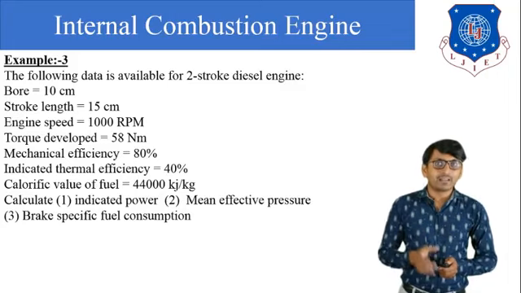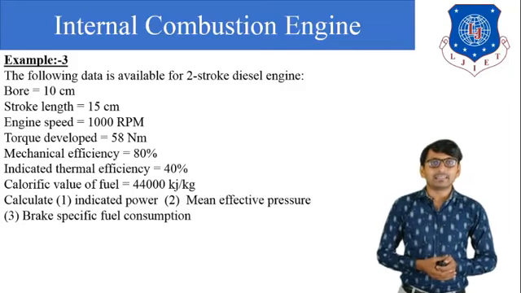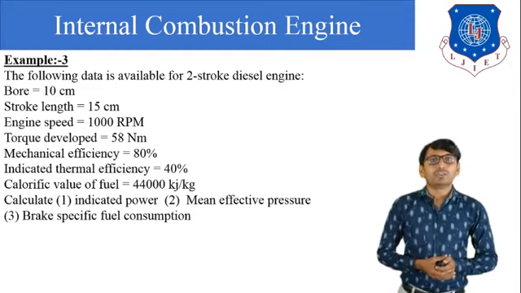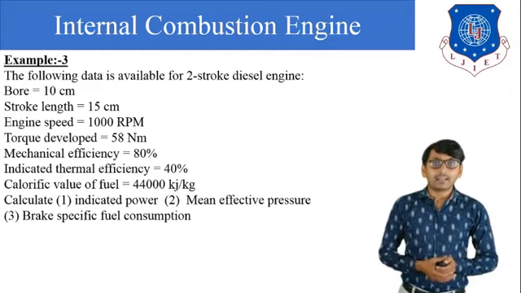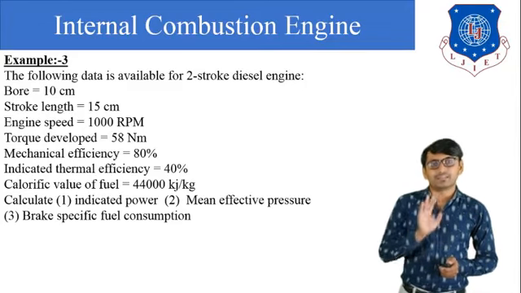Here torque is given, and mechanical efficiency 80%, indicated thermal efficiency 40%, and calorific value 44,000 kilojoule per kg. Now calculate indicated power, mean effective pressure, and brake specific fuel consumption.